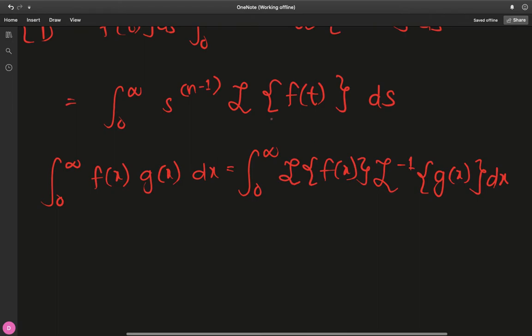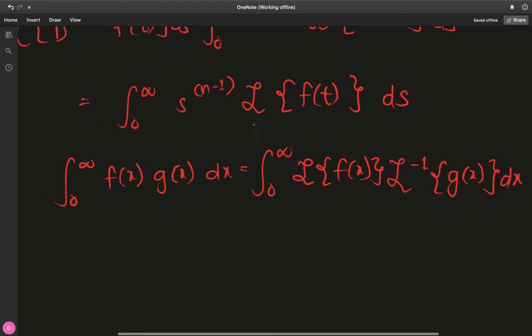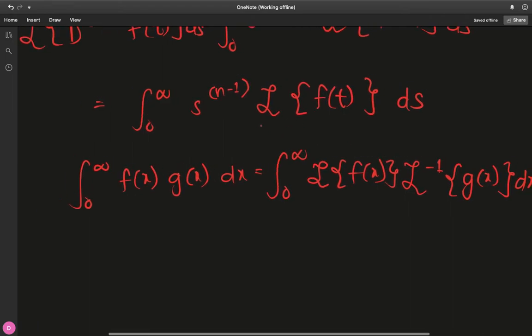So we can apply the same property here, and notice that it will be much more convenient to take the inverse Laplace transform of this function and the Laplace transform of this function.